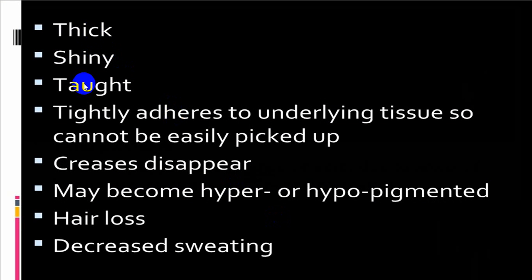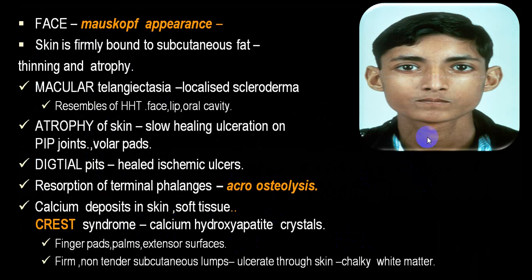So skin is thick, shiny, tight, creases disappear, there are hyper- and hypopigmented patches, hair loss and decreased sweating. Typical, very, very typical face. Along with that, you can have resorption of the terminal phalanges, called acro-osteolysis.